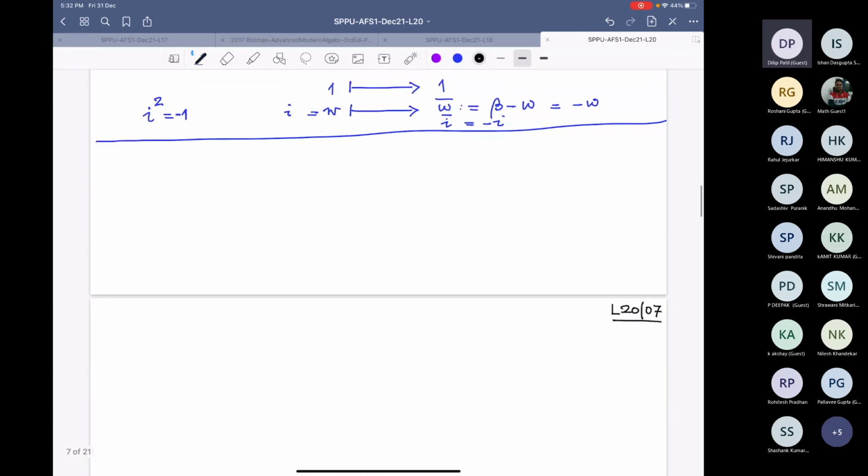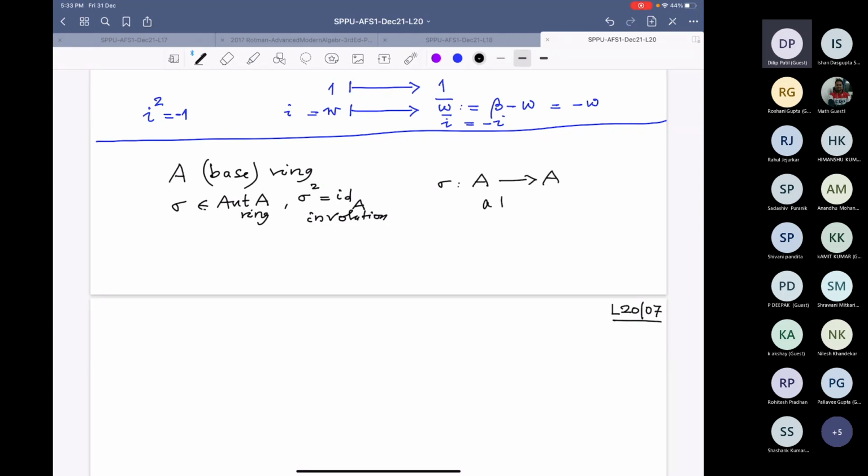So remember now, our assumption is our base ring is A. A is a base ring, a commutative ring of course, and sigma is an involution, that is an element in Aut A. Aut A is a group, and sigma square is identity on A. This is an involution, and I am denoting the sigma, therefore by the above analogy I will denote sigma from A to A by a going to a bar.